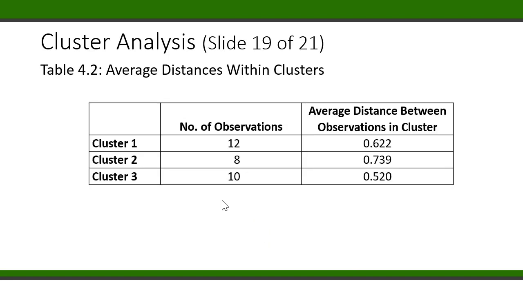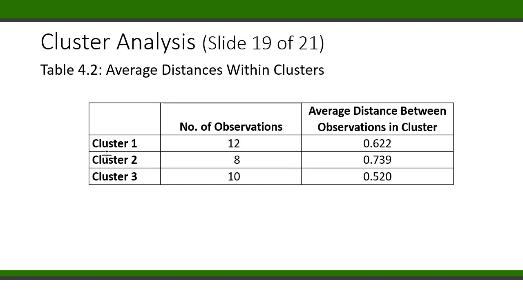Next thing we want to look at is the average distances within clusters. And so we can see here the different clusters that we had from the previous chart, the number of observations and the average distance between observations in clusters. So that's a calculation that's been done.